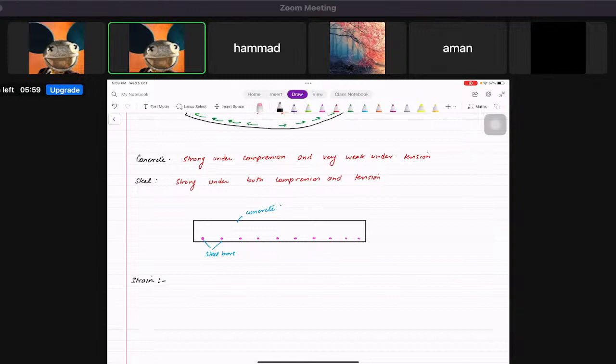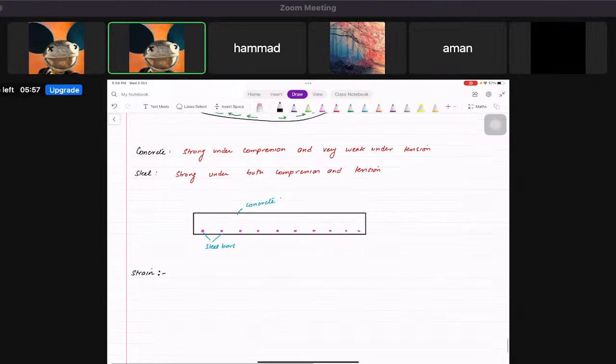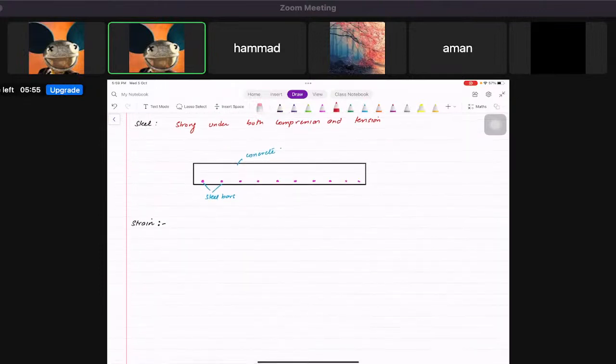Then comes strain. Now, strain is basically the ratio of change in length x over the original length, because it is just a ratio between length and length.